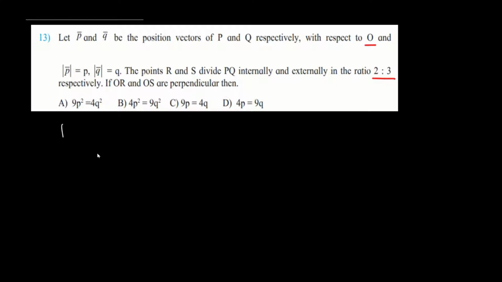First of all, they have given that R divides PQ internally in the ratio 2:3.